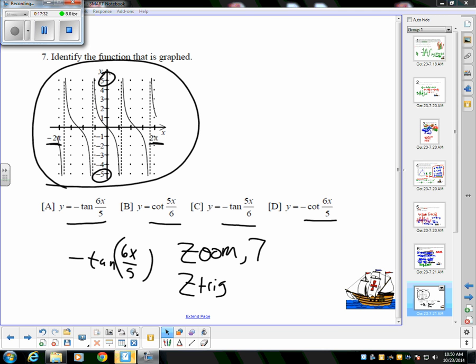So any of these problems where we're just asked to graph, you should put them in the zoom trig window, because they're all pretty much going to be identical. Now, the next thing you look for is the graph that's on your calculator screen. Look at the origin. In this case, yours should go through the origin. And then also look at everything to the right of the origin.